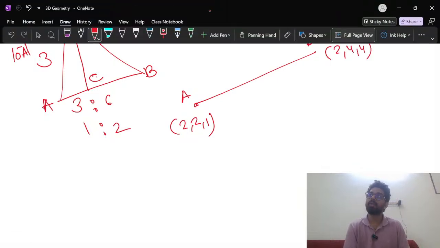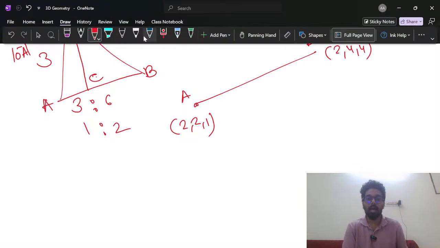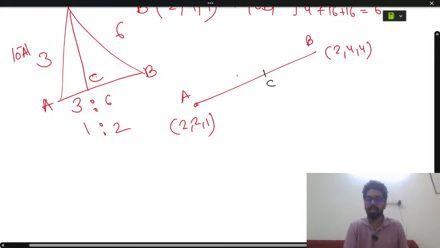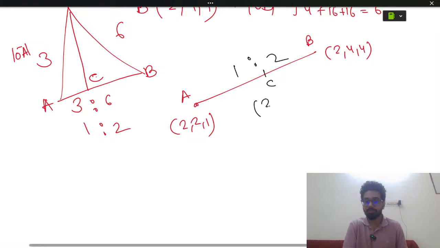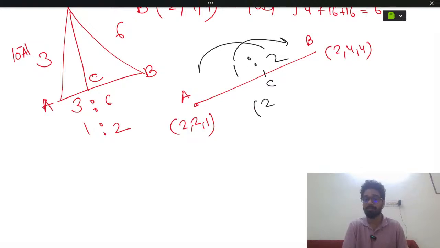And I can calculate C in the ratio 1 is to 2. Using the section formula, like this: 1 into 2 plus 2 into 2, by 2 plus 1, which is 3. 1 into 4, 2 into 2 means how much?